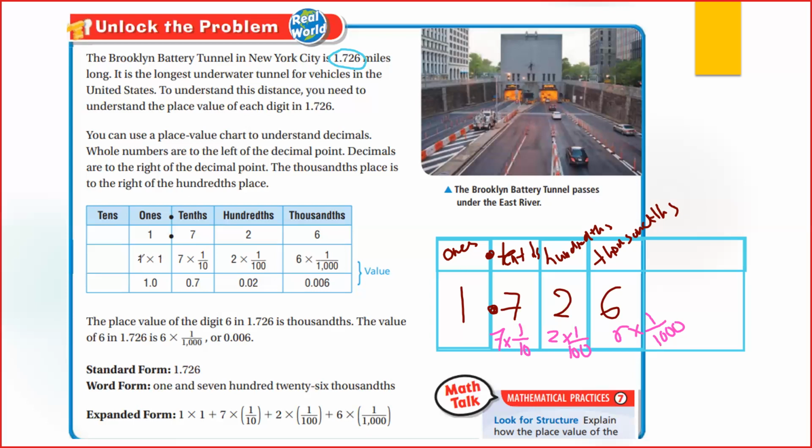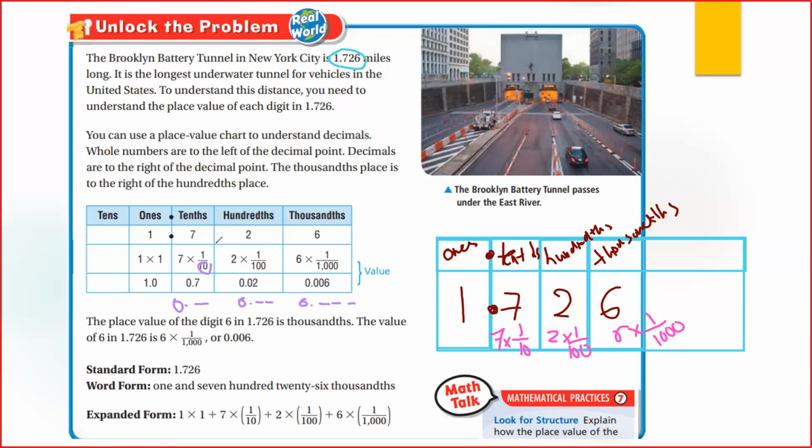Then, how can I write in decimals? Instead of writing 1 times 1, we said 1. 7 times 1/10, as I told you, you have to say it. Here we have only 10, so we say decimal point with 1 digit. 100, decimal point with 2 digits. 1000, decimal point with 3 digits.